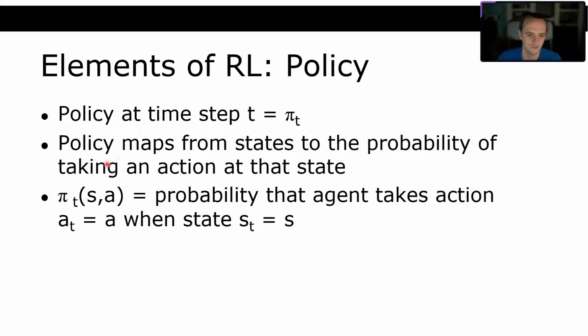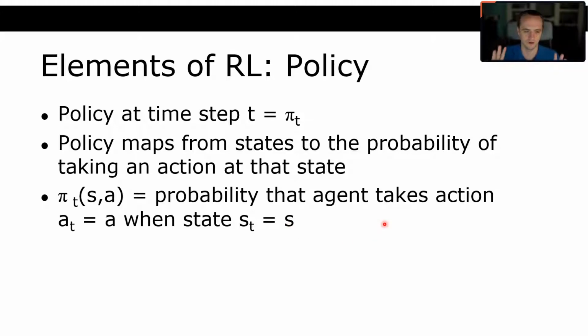So how will we reference that? If we have our policy pi, and we want to know the probability at time step t of taking action A at state S, that's how we represent this, okay? So pi sub t of S comma A is the probability that the agent takes action A sub t equal to A when S sub t is equal to S.